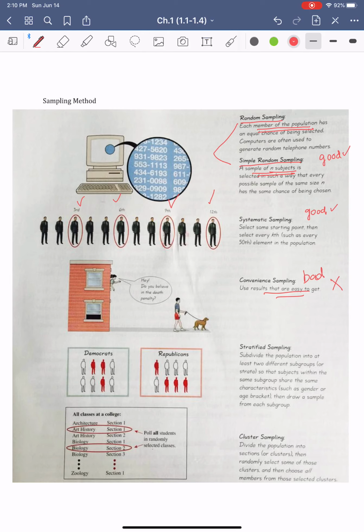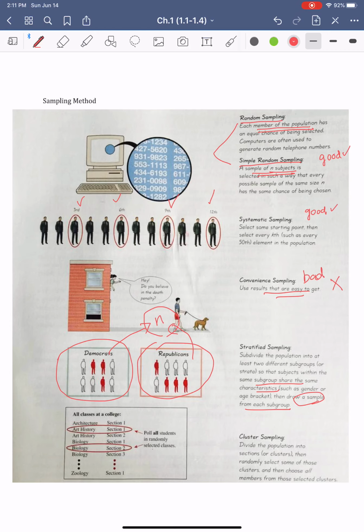They divided into two parts, Democrats and Republicans. So there's one group here, and then there's another group here. Then within the same group, sharing the same characteristic, draw a sample from each subgroup. So you pick a few from the Democrats, you pick a few from Republicans. So there's 3 coming from here and then 4, and that gives you the entire sample size.